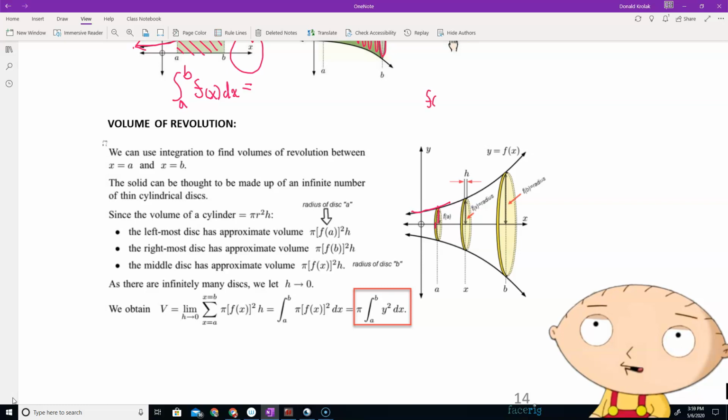So we call that radius f of a. Just like if this was some x value, the radius of that disk would be the y value, f of x. When I plug x into this equation, the y value would equal the radius. If this was b, then this distance is f of b. I plug b into that formula, and whatever I get for the y coordinate, that is the radius.